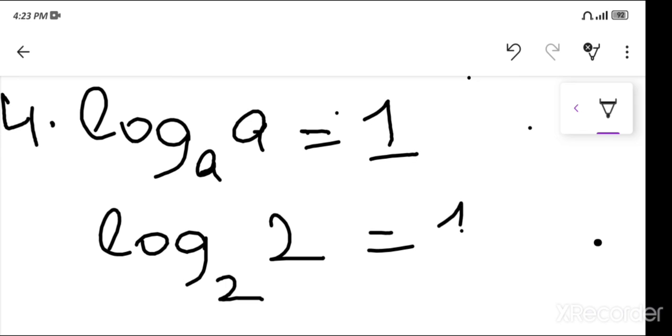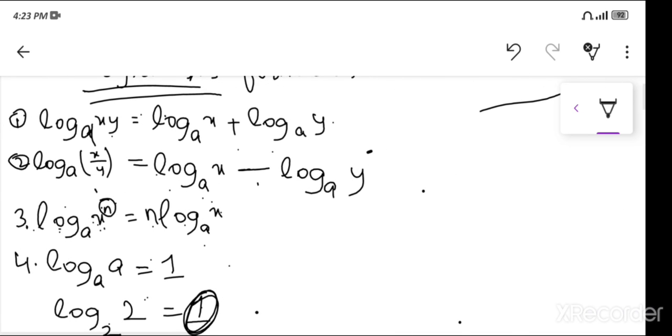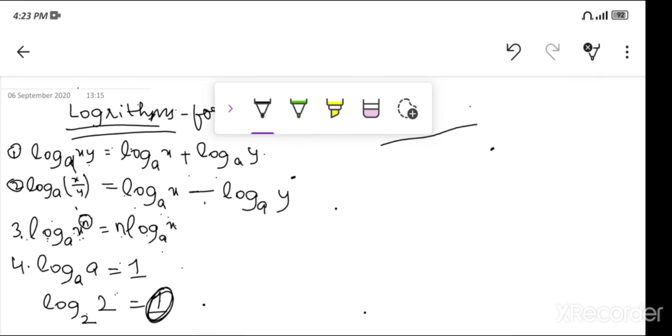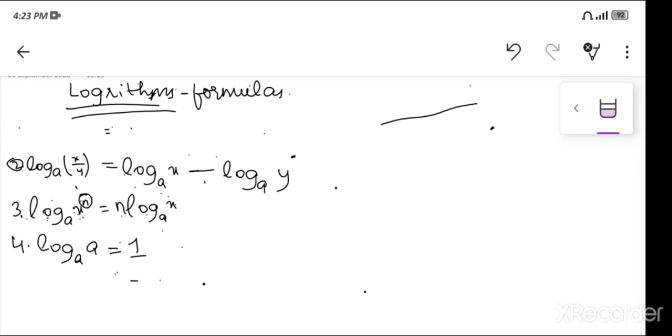Obviously it becomes 1, because if the base and the value are the same, then you need to write 1. So I don't think there are any more formulas. These are the 4 formulas you need to remember in order to have perfection in logarithms.